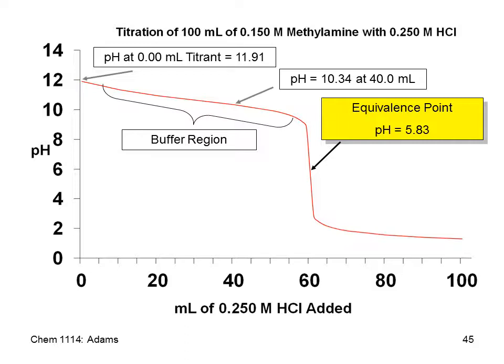And at the equivalence point of a strong acid and a strong base, the pH is equal to exactly 7. You'll get this in the lab. I don't care what it looks like when you plot it. The pH of a strong acid, strong base titration at the equivalence point is equal to 7. So that will be in the lab.